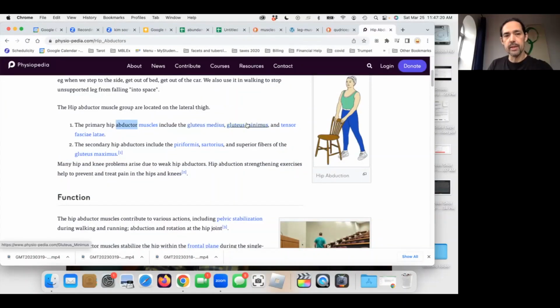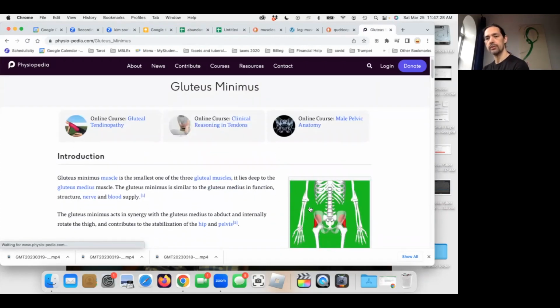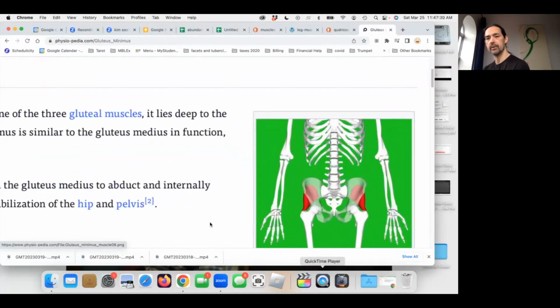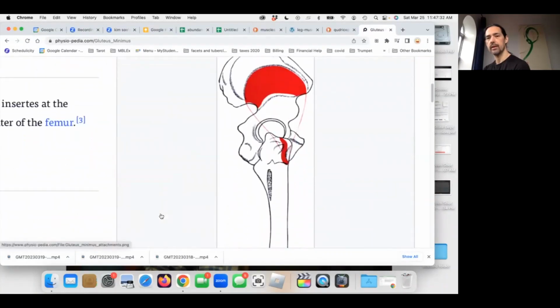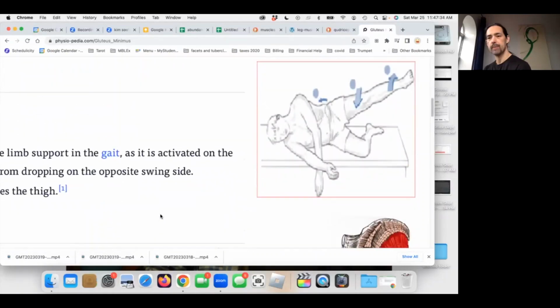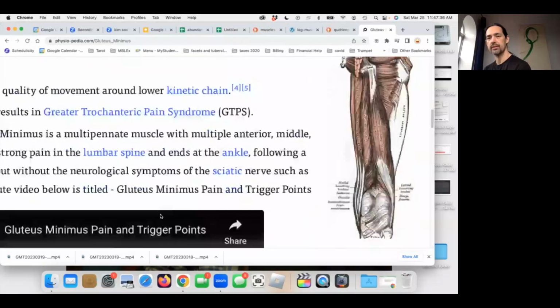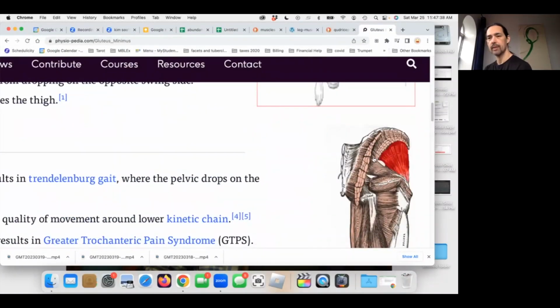And then the glute min is one that we did not take a look at. The gluteus minimus is buried, so I don't think you're going to be able to see it. It's buried deep underneath the glute med and the glute max. Here's the glute med that's cut away. It would be lying over like this. And here's the glute max that's cut away and it would be lying over like this.